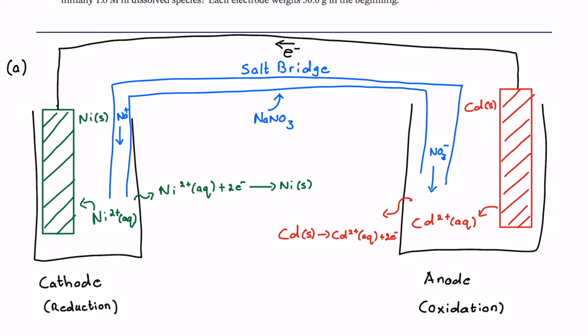That's why it allows for the completing of the circuit, but it also provides the charge balance. So in one principal way, that's how it completes the circuit. It allows charge to flow. The flow of charge is by the NO3 minus and the sodium plus moving through the salt bridge, and some of your other ions starting to move up in the salt bridge.